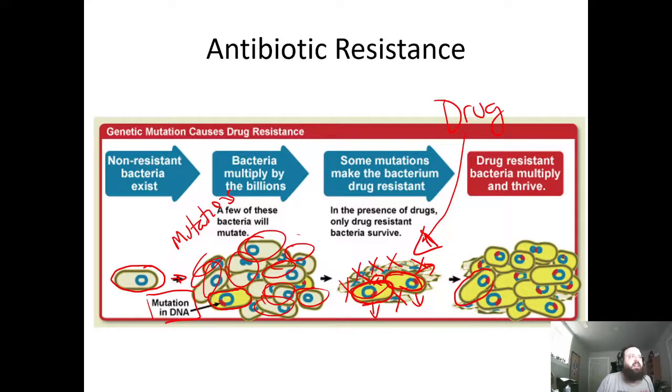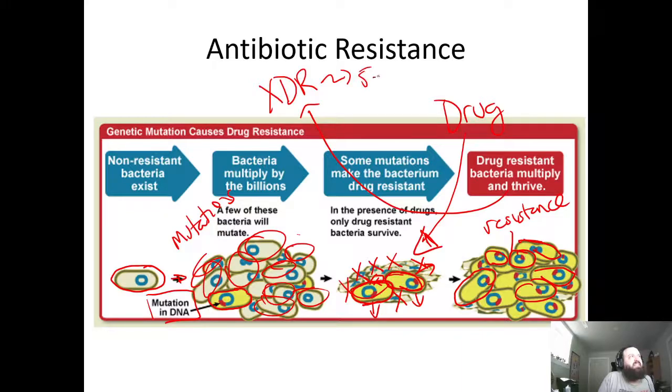And in the next generation, you're going to see a lot more of the cells within the bacterial population carrying the resistance. And if this can go on for a number of generations, you can just end up with very drug-resistant bacteria. In fact, there are these extreme drug-resistant strains now present in, say, South Africa, where I think there's something like 5 to 6 major antibiotics will not work. The bacteria is already resistant to it.